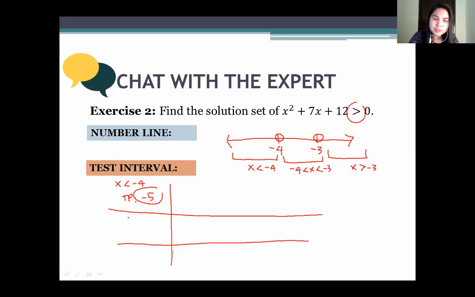Next, what's between -4 and -3? In the chat box, what's between -4 and -3? Oh, very good, Isabel. It can be -3 and 1/2 or -3.5. Very good, Tatiana. Oh, AP, you could not have 0 because you could not find 0 between -4 and -3.